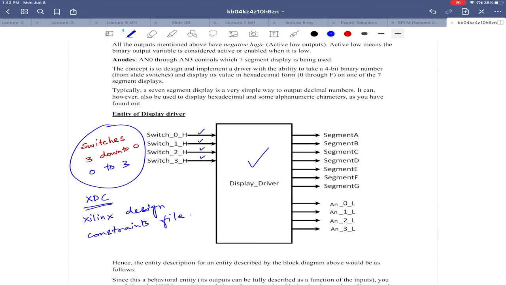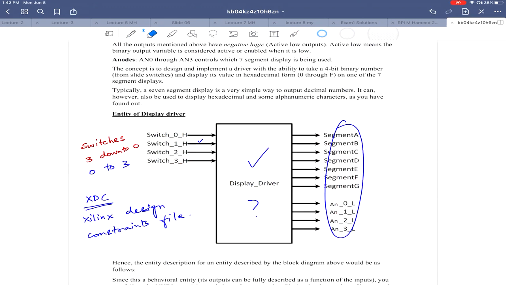So in the VHDL file, you talk about what goes on here, and you talk about what are the inputs and what are the outputs. In the XDC file, you map all the inputs and the outputs to something physical on the board. So that's how you can think of these two things, XDC and VHDL file, separately.